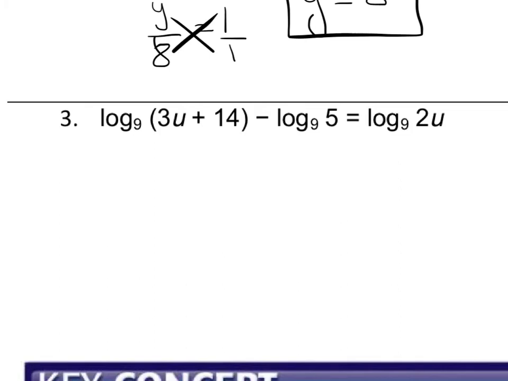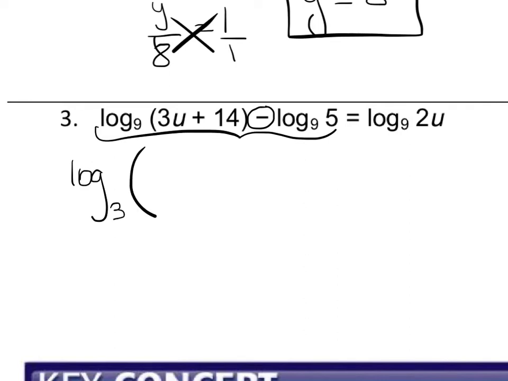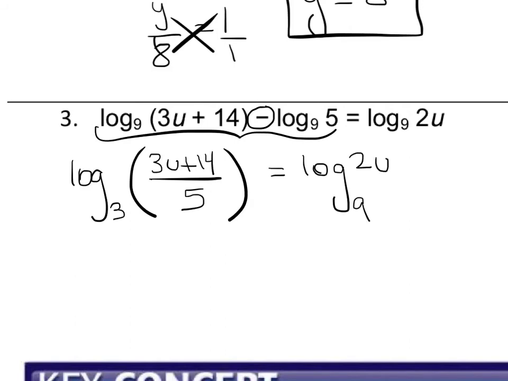Okay. So we can combine those two to create one, since there's a minus. So we keep the same type of log and we divide them. So 3u plus 14 divided by 5 equals log base 9 of 2u. Now since they have the same log, you cancel it out.